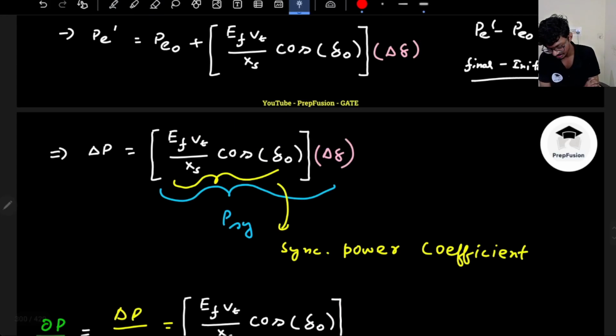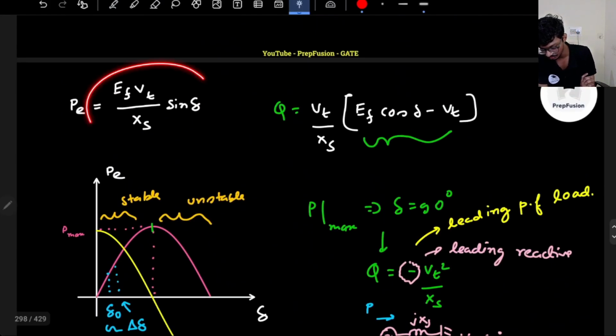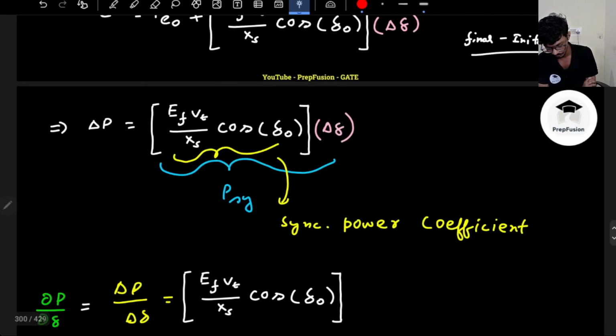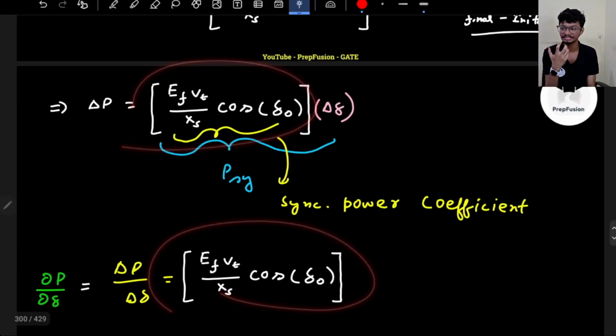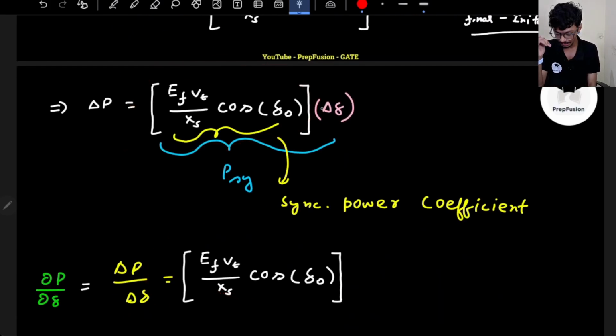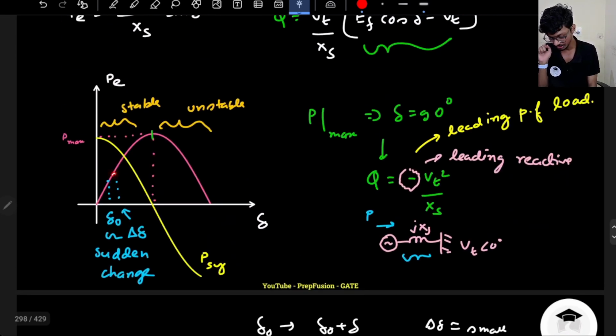It is the same as this one, right? If I differentiate this with respect to delta, I will get this back. That's why this is called the synchronizing coefficient, because it helps us bring the motor back to the stable point, because this much amount of additional power is required. Who will provide that? Synchronizing power.